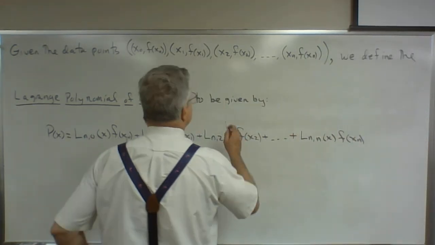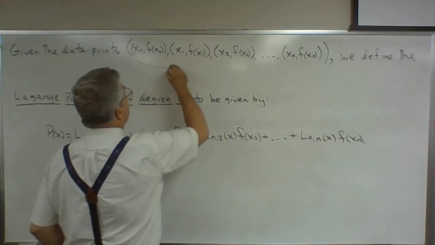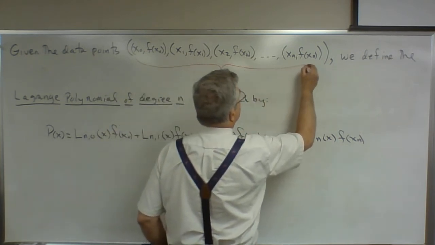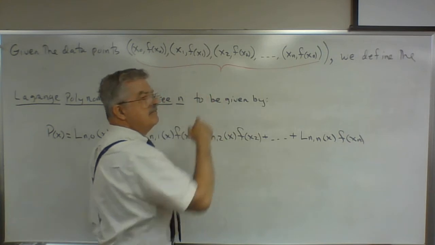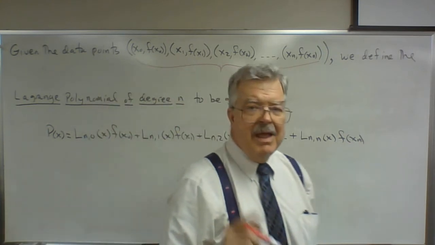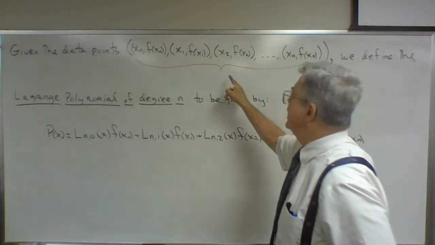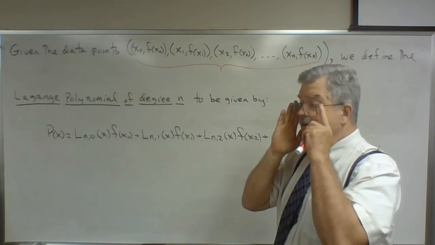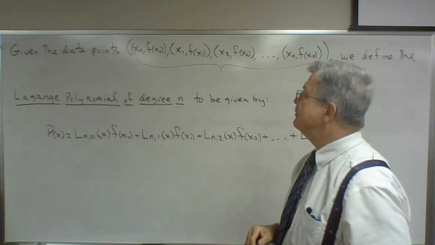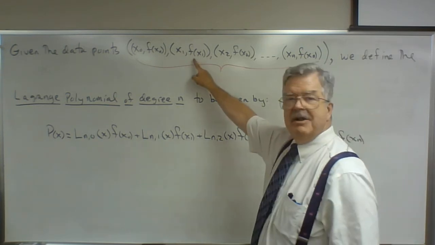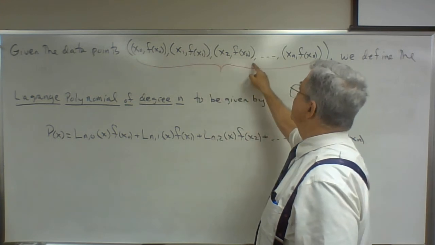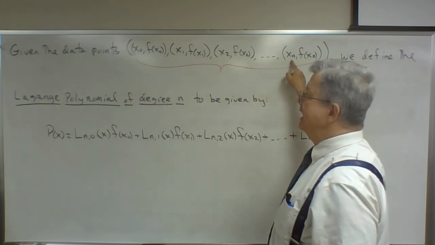Just exactly how many data points do I have here? We might say n and we'll be close, but we won't be quite right. Notice if we start at this data point, we have 1, 2, 3, 4, 5, all the way up to n.